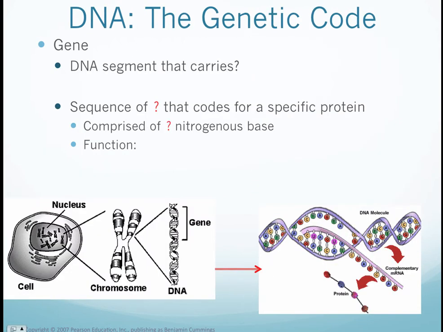And so what genes are, they're a sequence of 3 nitrogenous bases, meaning those nucleotides. So they're composed of 3 nucleotides that code for a specific protein. So a sequence of 3 nitrogenous bases that codes for a specific protein.